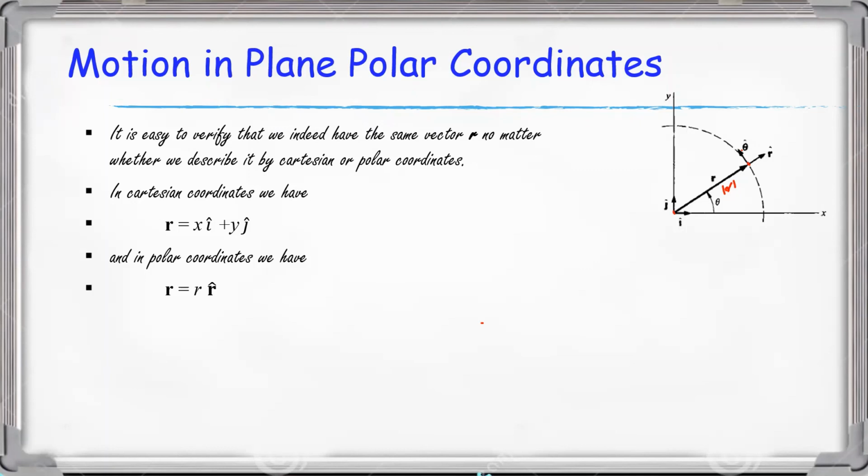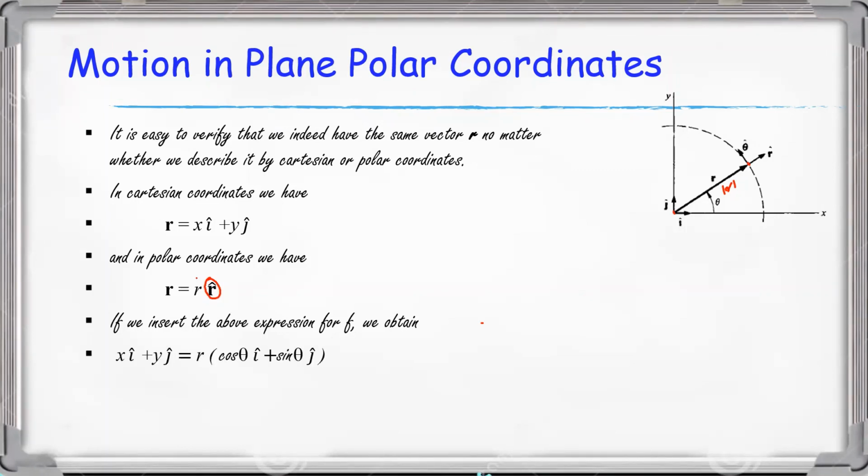Now in this expression, we substitute the value of r cap. What is the value of r cap? We know that r cap is equal to cos theta i plus sin theta j. Substituting this quantity and comparing, x i plus y j is equal to r into cos theta i plus sin theta j.